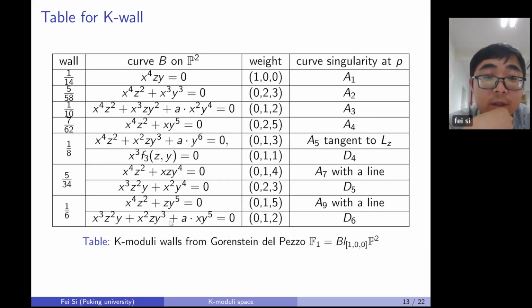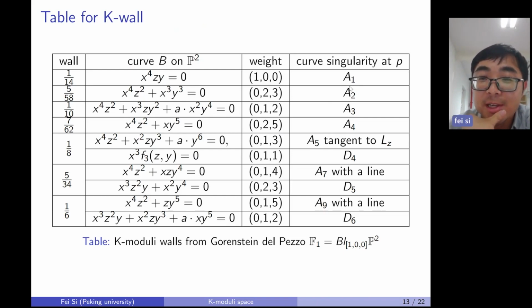And here is our table of the walls from the hyperelliptic divisor. These tables describe the centers of each wall. So you will see that in this case, the walls are very regular.